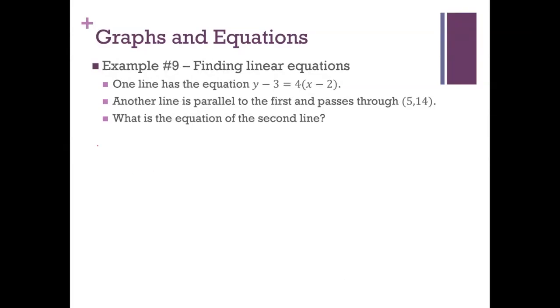So let's organize it this way. I have line 1, which is the known one, and I have line 2, which is, right now we don't know what that equation is. So here's the equation I have for line 1: y minus 3 equals 4 times x minus 2.